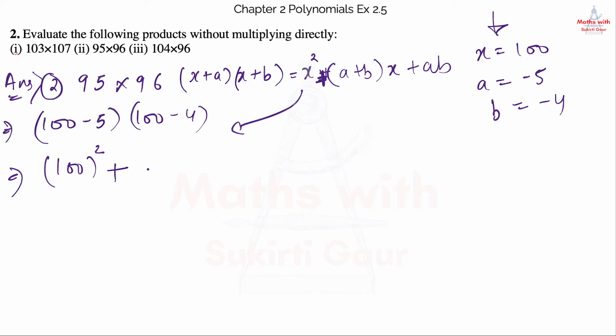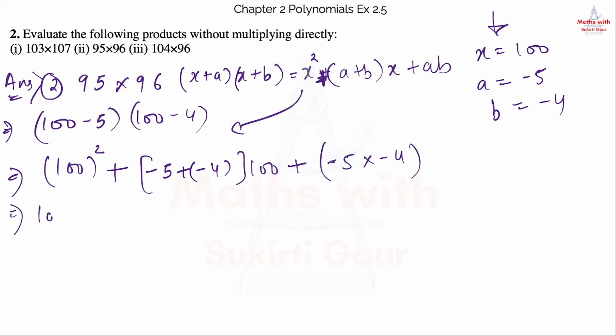Now, (a plus b) into x: minus 4 plus minus 5, into x, x is 100, plus ab: minus 5 into minus 4. 100 square is 10,000, plus this will become minus 9, right? Minus 5 minus 4, minus 9. So it will be minus 9 into 100, minus 900. And this one will be plus 20, right?